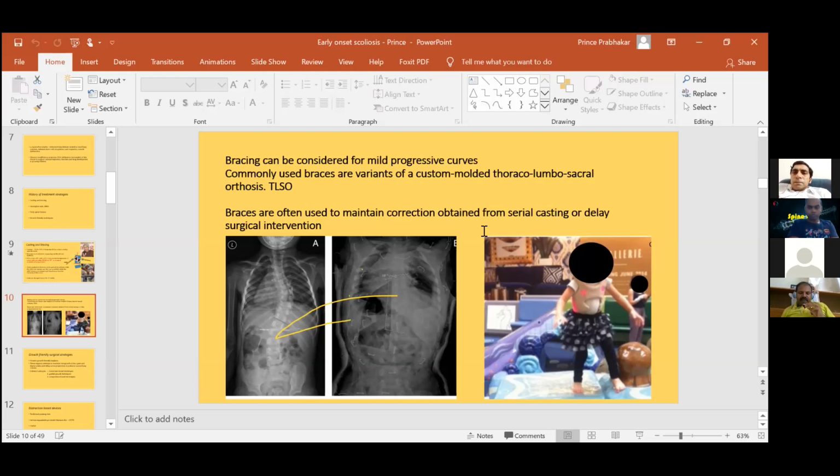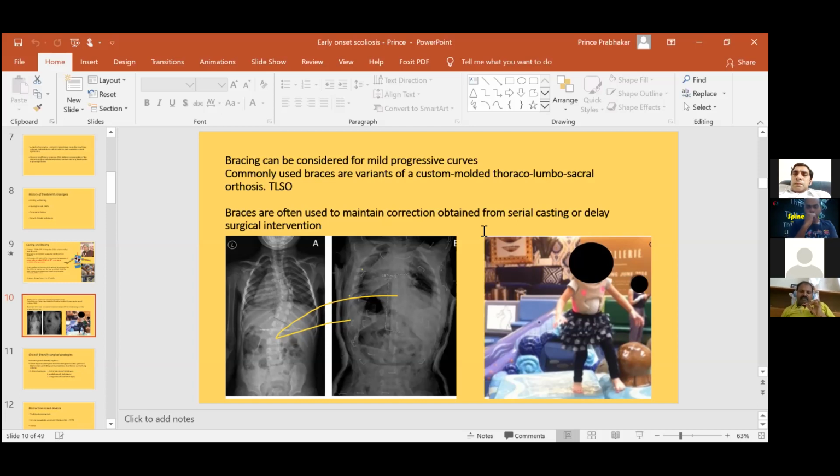The recommended technique is under GA with traction suspension. You have to give traction. The child is suspended with belts and rods, and then you do the casting. Yeah, that's the ideal thing to do.